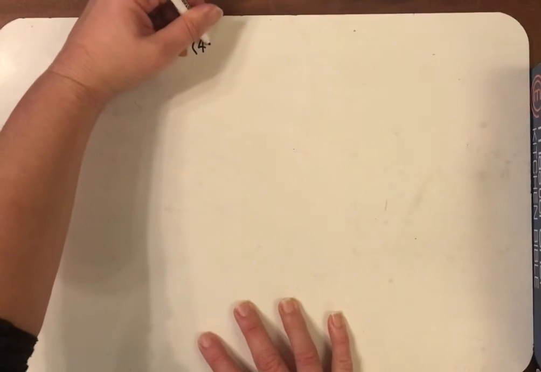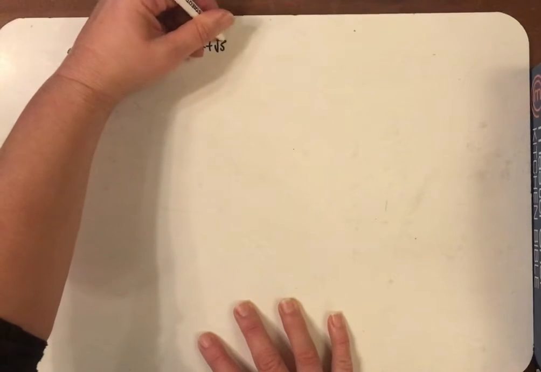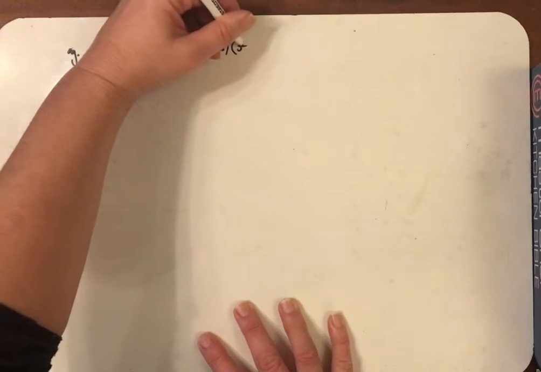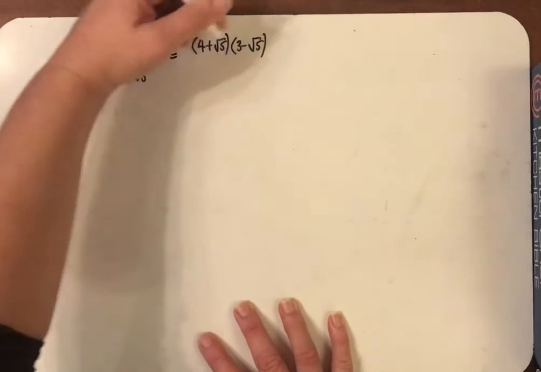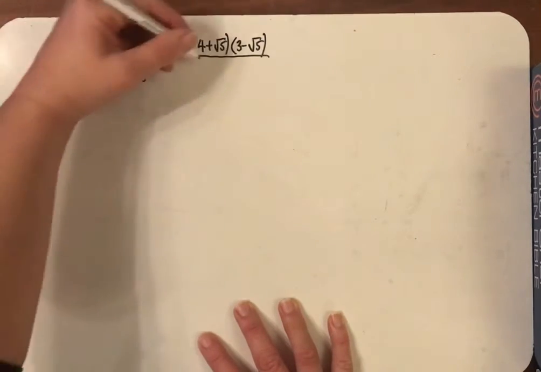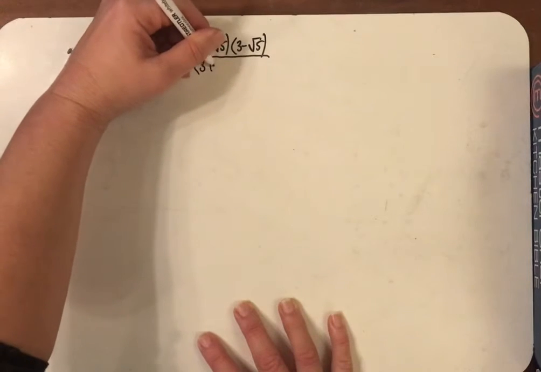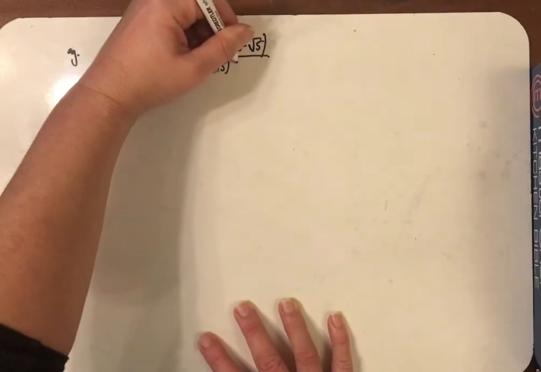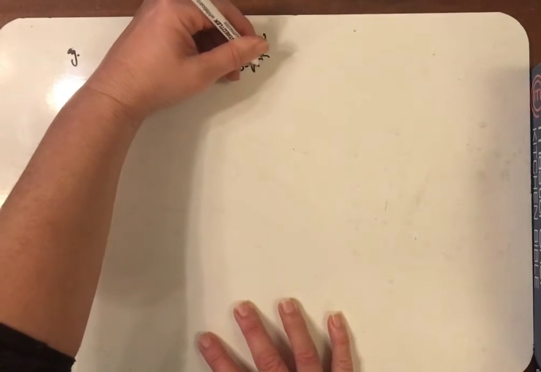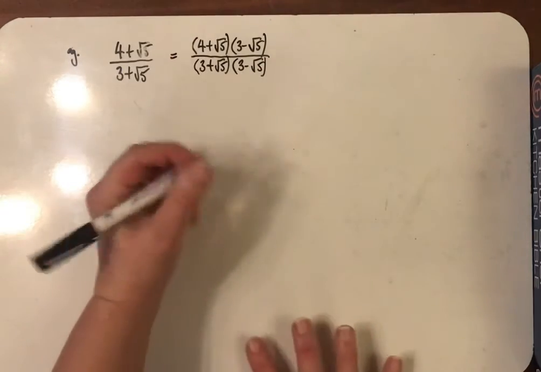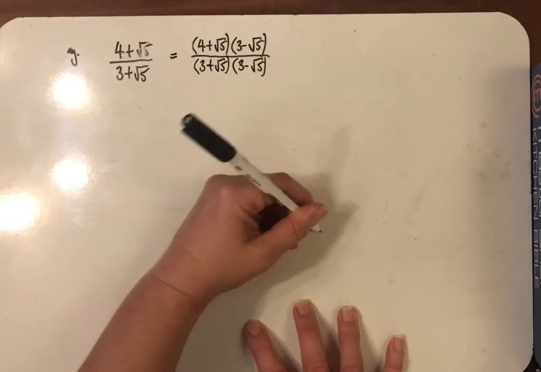So the top becomes 4 plus root 5 times 3 minus root 5. And underneath 3 plus root 5, 3 minus root 5. So this is a difference of 2 squares, factorisation.